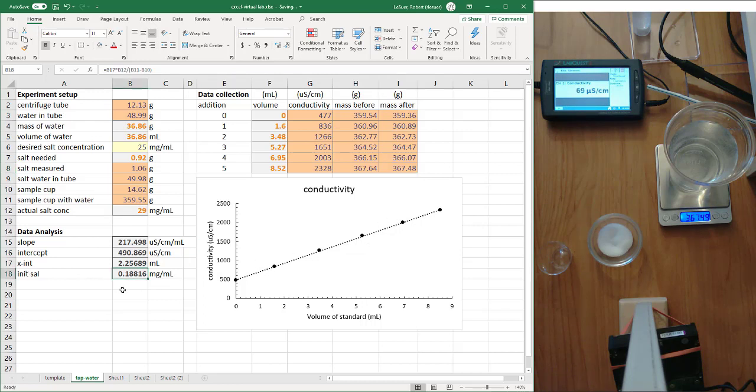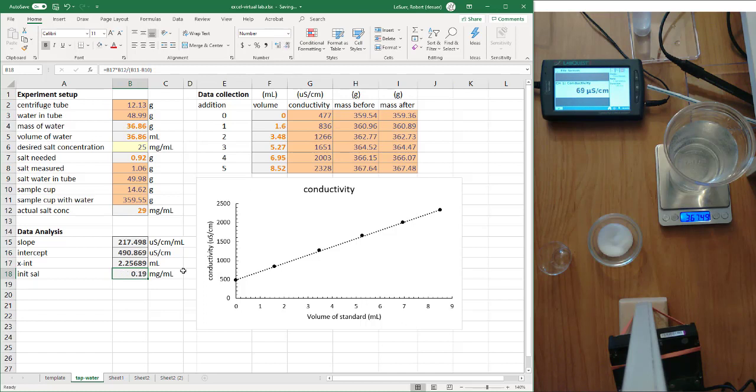At the end of the day, the method of standard addition tells us that the initial concentration, or the salinity, of the tap water here is 0.188. We probably only know this to 2 sig figs because of all the other measurements.